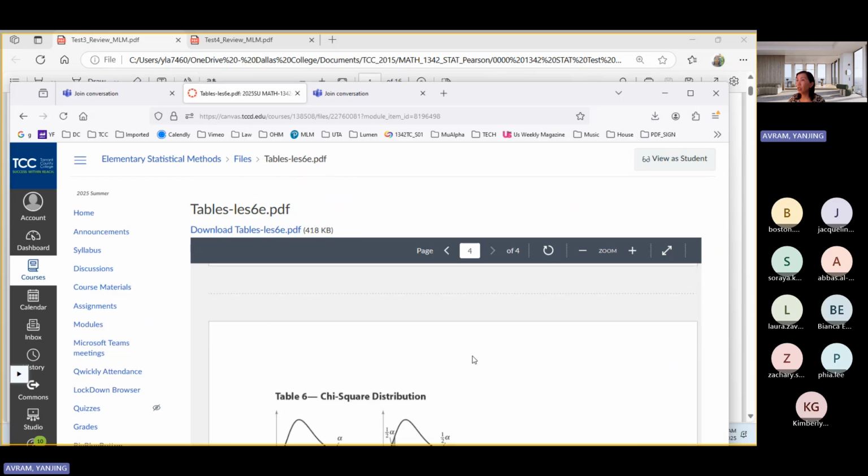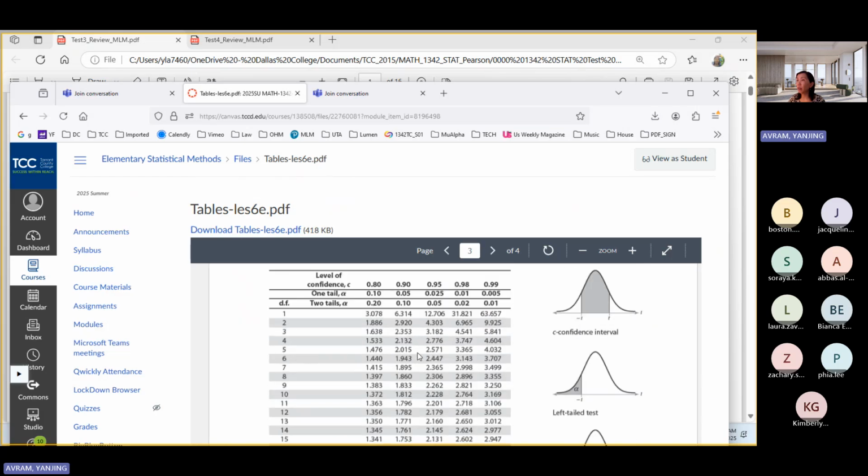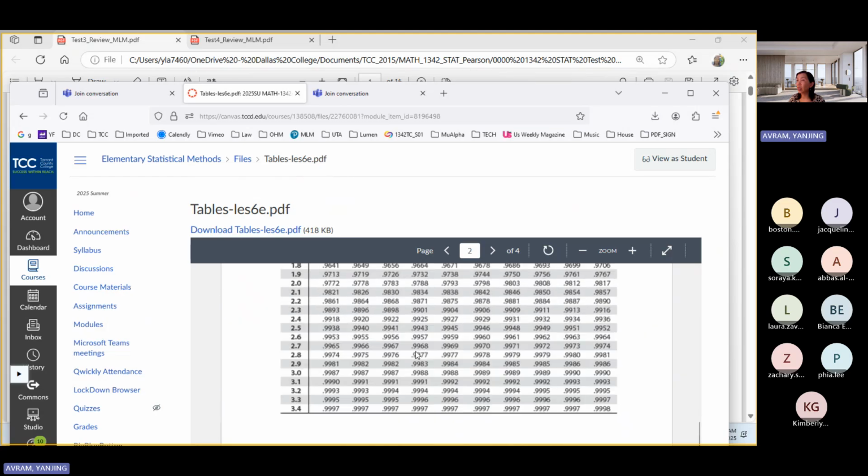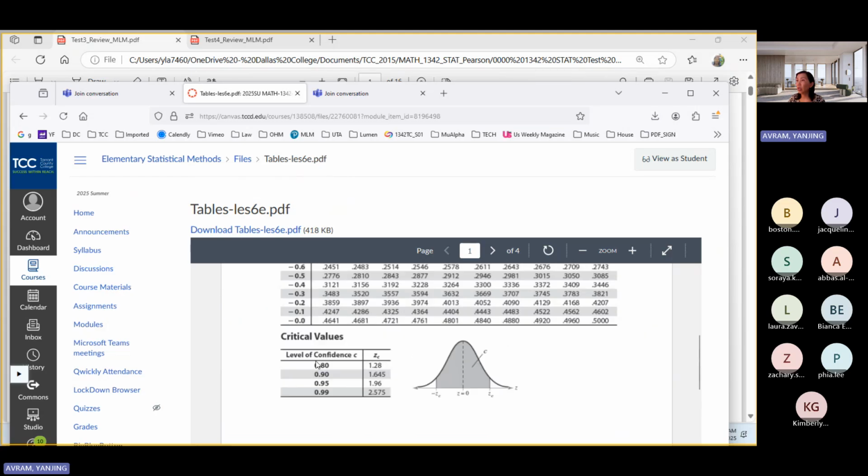Also included are some of the commonly used confidence levels. Of course, this is unit 4. It's 80%, 90%, 95%, and 99%, or 0.99. The critical value for z is already in here.